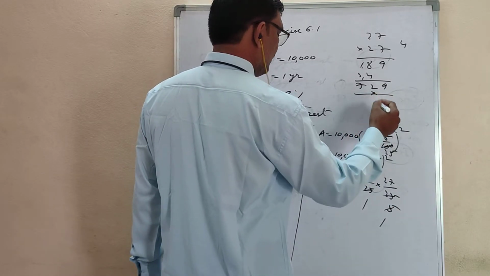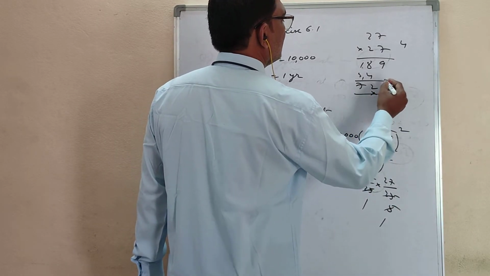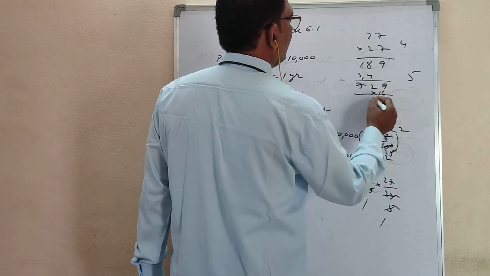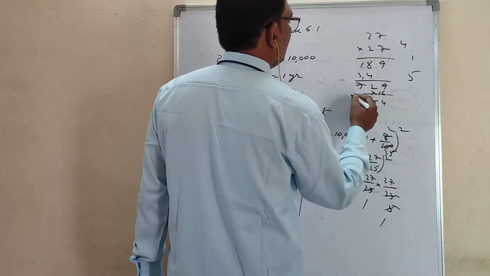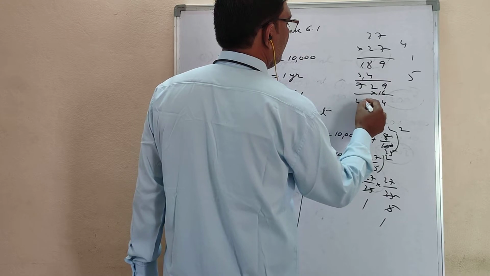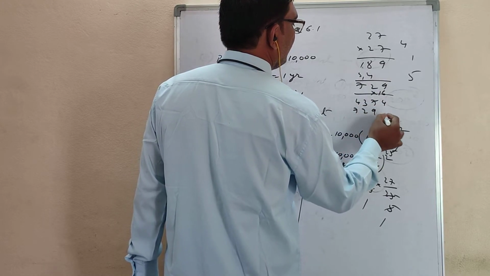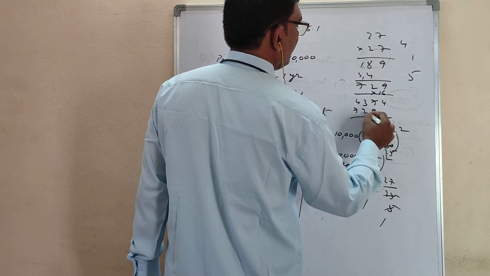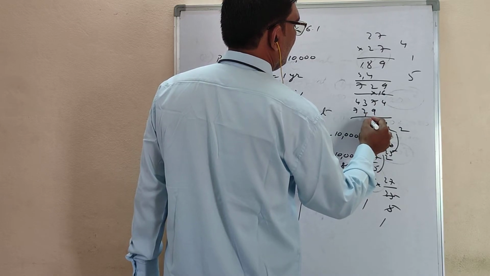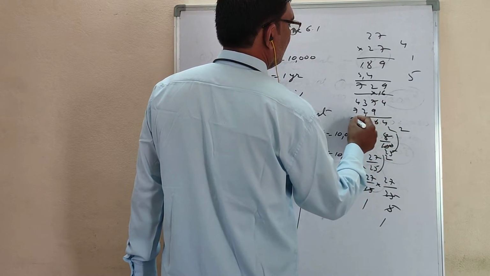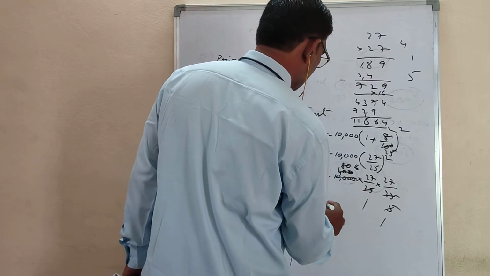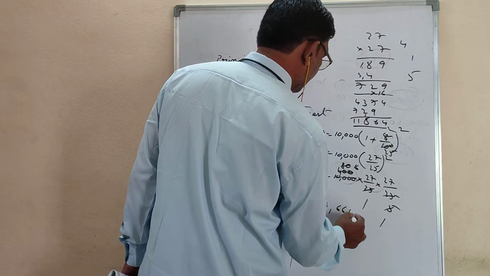Again 729 should be multiplied with 16. 6 9 is 54, 4 5 are 20, 12, 17, 1, 43, 729 into 16, 6, 11. So you are getting 11,664.